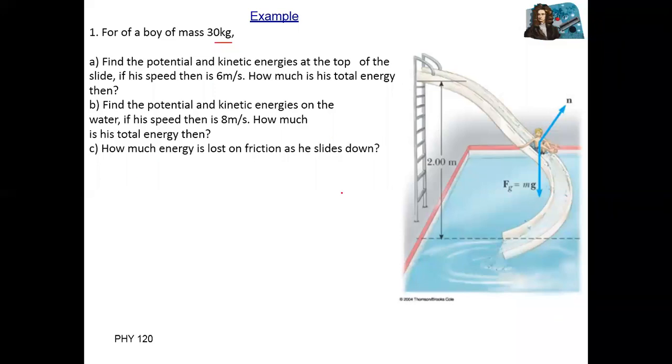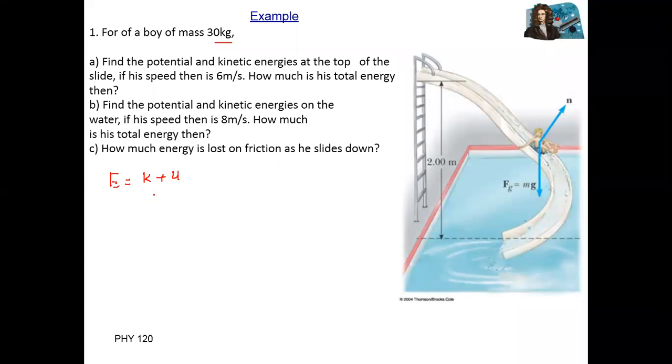So how can we find total energy or mechanical energy where mass is given, speed is also given, and you can see height is also given. Height is 2 meters. So total energy or mechanical energy is equal to kinetic energy plus potential energy.